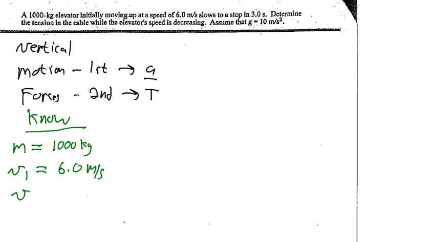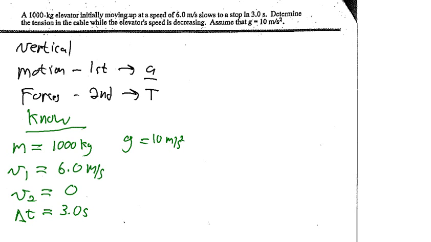And then the velocity when the elevator comes to rest is going to be 0. We'll call that point number 2. And we're told that the time interval for the motion to change is 3 seconds, and that we're supposed to use the value of g to be 10 meters per second squared.